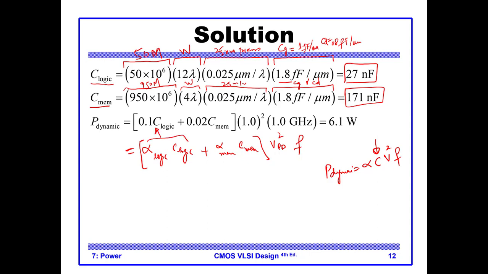Alpha logic was given in the previous slide. These two terms are here. This is here and this is here. So we get the total dynamic power of 6.1 watt. So you see, it's not very difficult to solve these numericals.